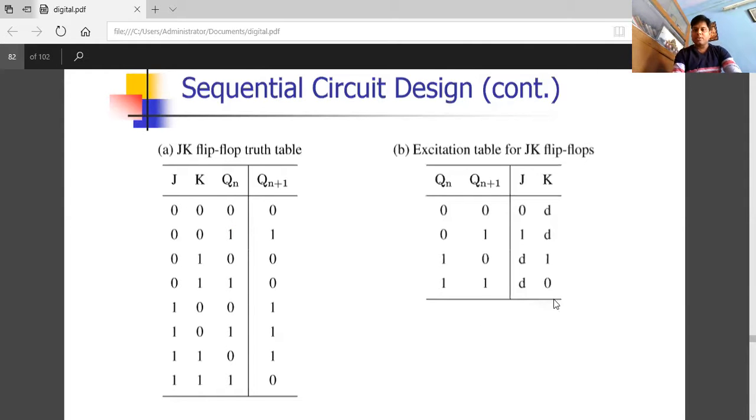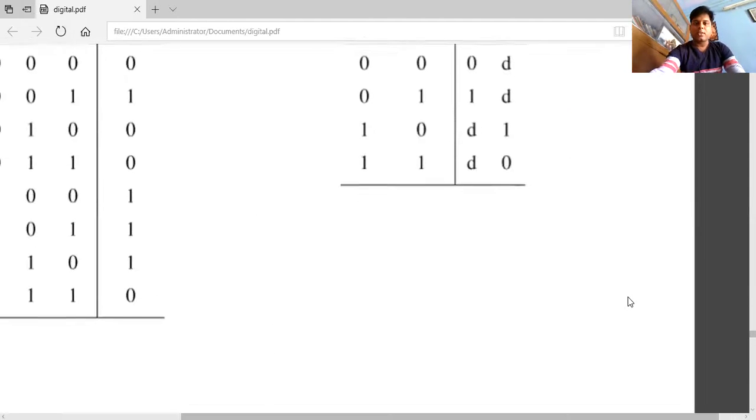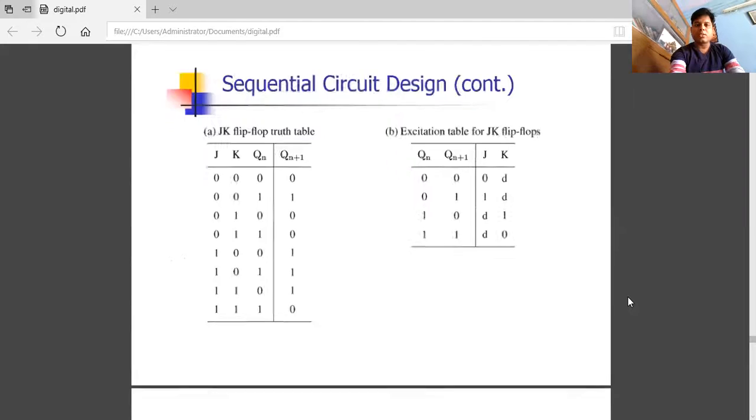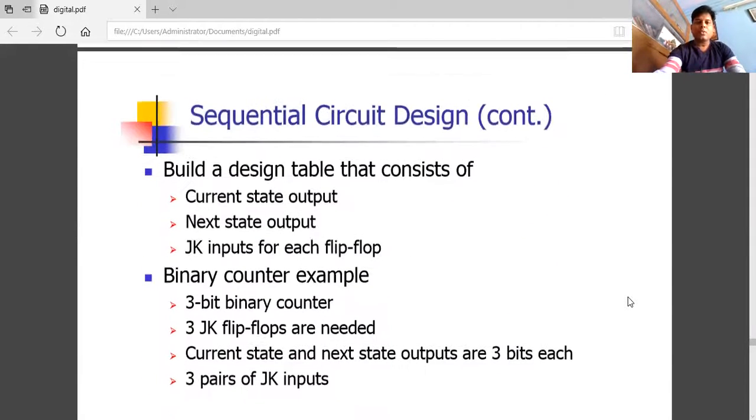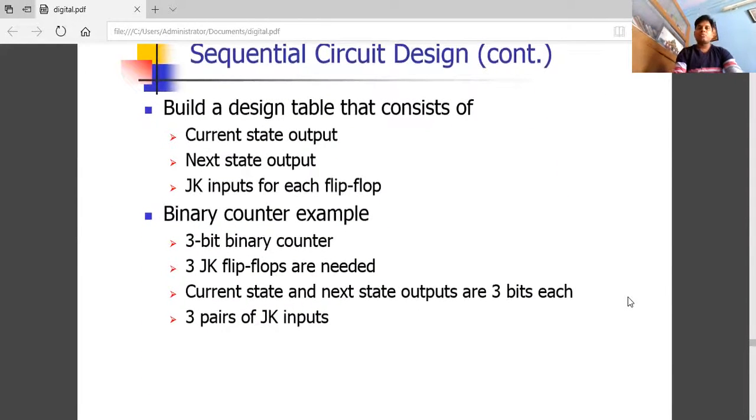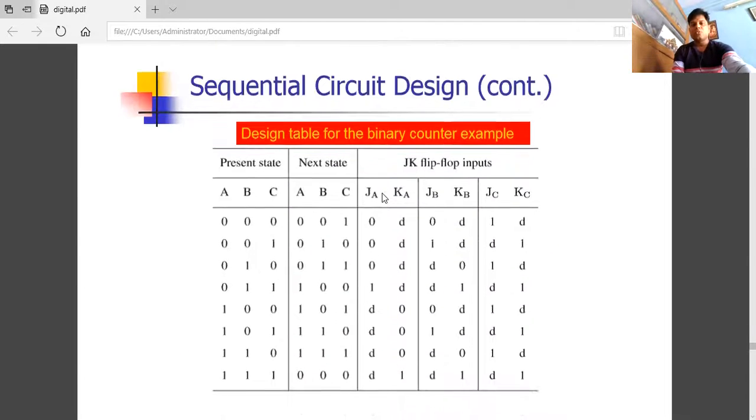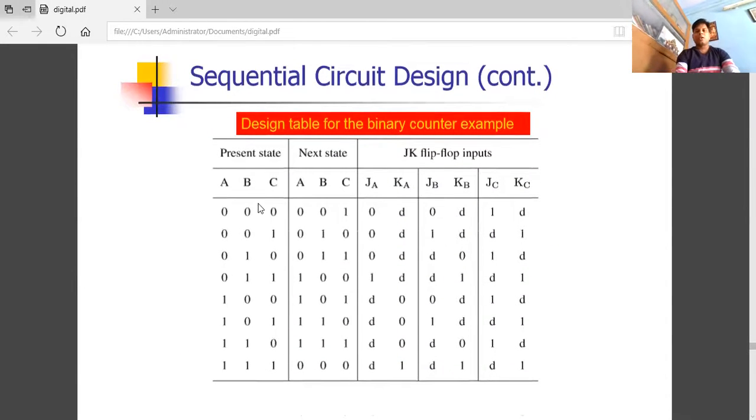After that, we start the sequential circuit design. First of all, we have the current state output, next state output, and JK input for each flip-flop. We go to sequential circuit design directly.